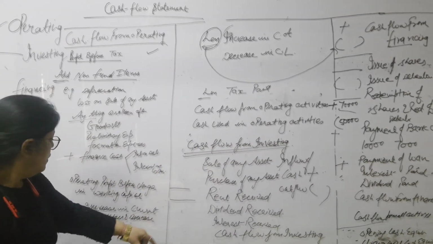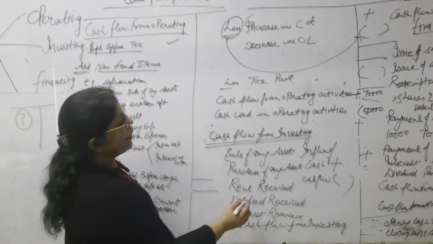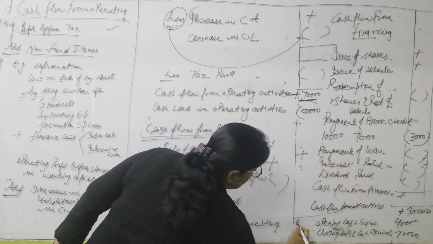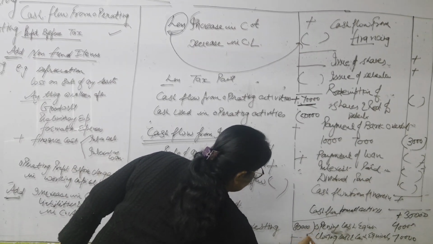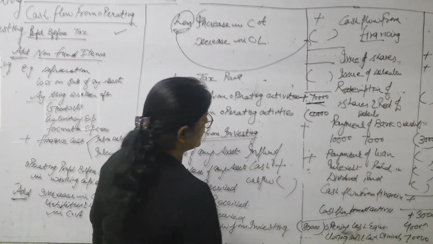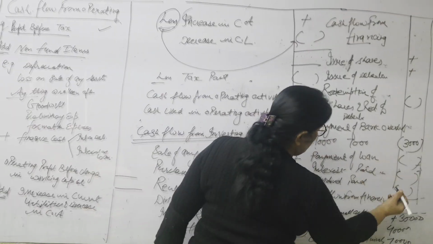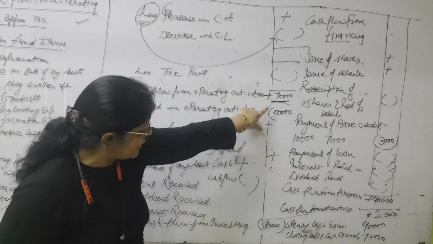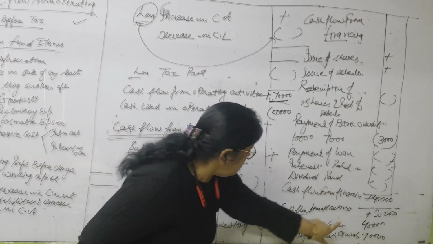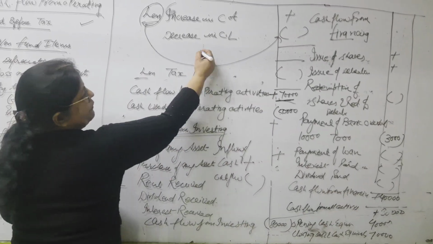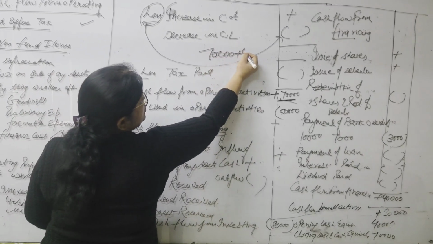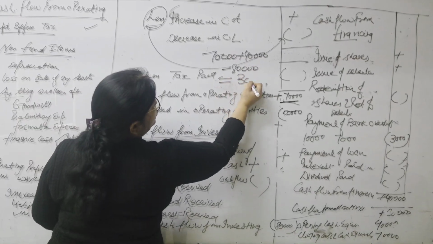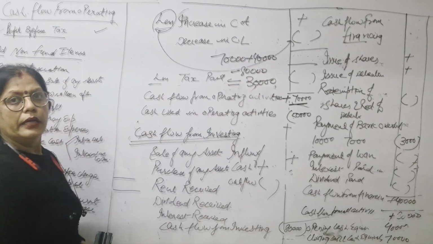For example, cash flow from operating 70, cash used from investing 80 and cash flow from financing 40,000. 70 plus 40 minus 80 is equal to 30,000.